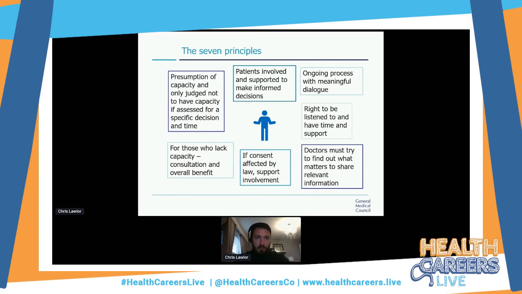So a patient could come to you, they could receive their diagnosis, and you could tell them that perhaps they need a certain form of treatment to save their life. A patient can refuse that treatment. So it is totally up to a patient to make their own decisions as long as they have capacity to do so. And we've got a case study that looks at that in a few slides time that hopefully we'll get to.